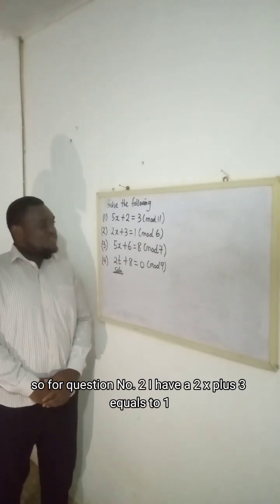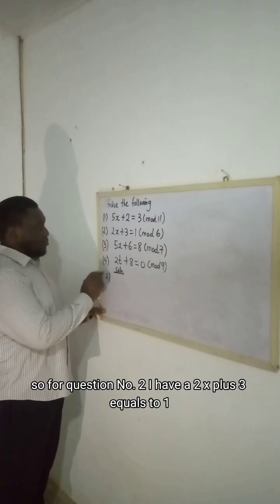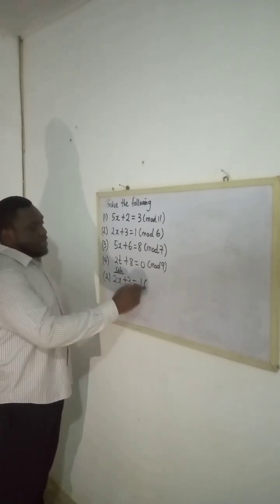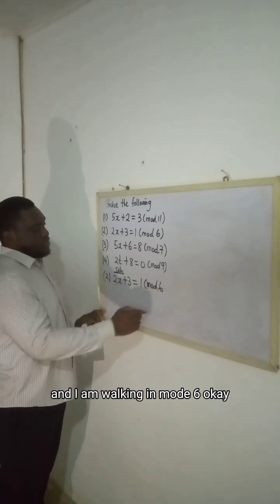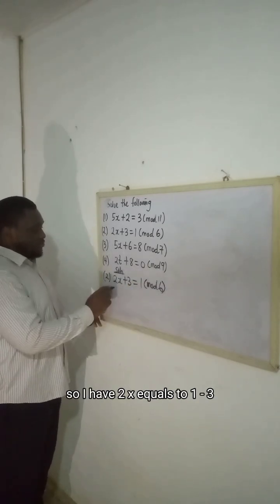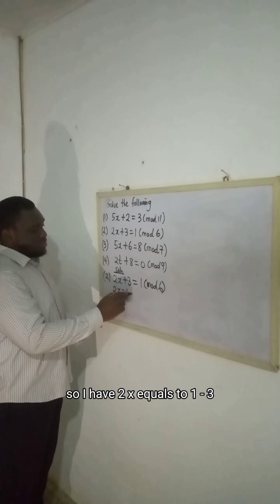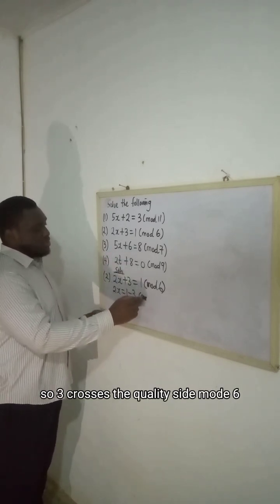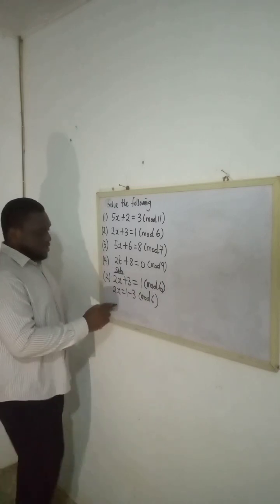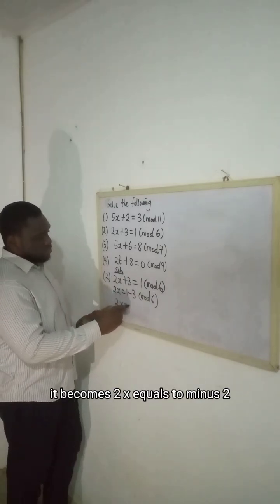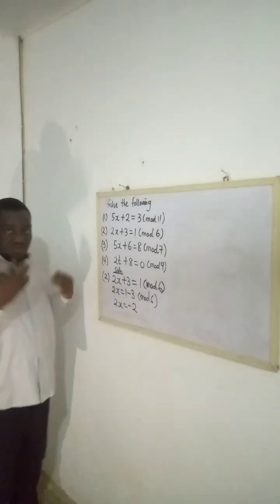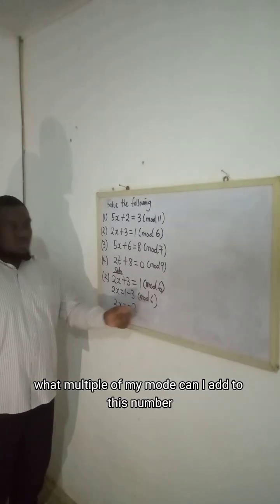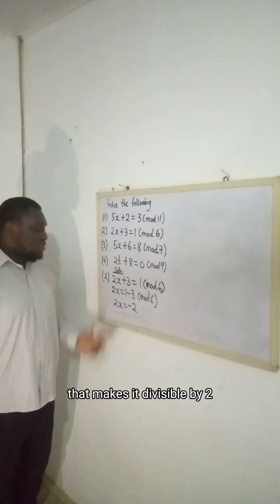For question number 2, I have 2x plus 3 equals 1, and I am working in mod 6. So I have 2x equals 1 minus 3, so 3 crosses the equality side. Mod 6, and don't forget this, it becomes 2x equals minus 2. The same approach: what multiple of my mod can I add to this number that makes it divisible by 2?